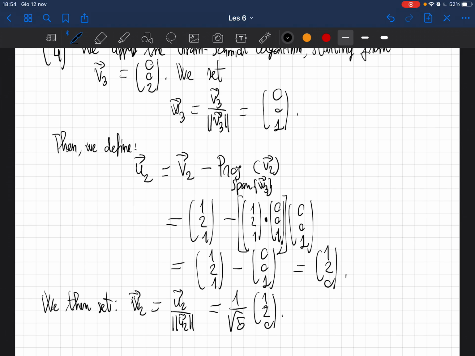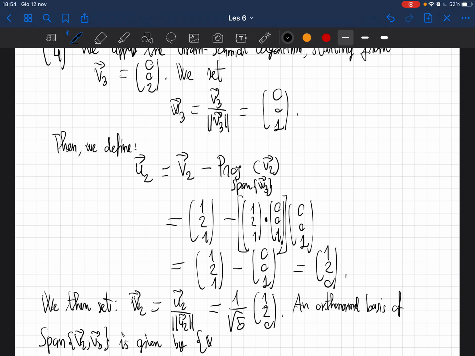An orthonormal basis of this span v1 through v3 is given by what? The w1 through w3.